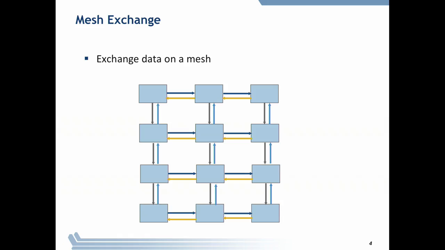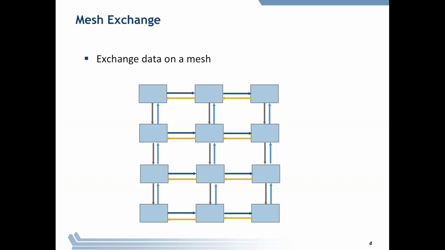Okay, so let's just look here. This is going to be a mesh exchange. Think of each of these blue boxes as a local mesh. Let's say it's a 2D mesh. It's regular. This is a node or a process. In fact, this example is so old, a single processor core took up at least one chip, if not two.